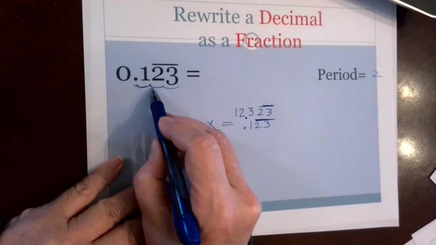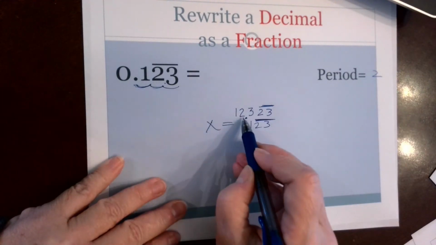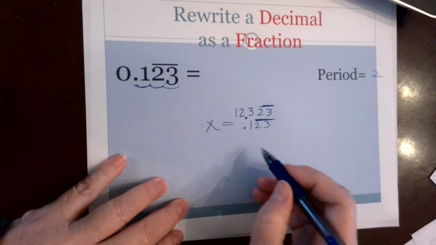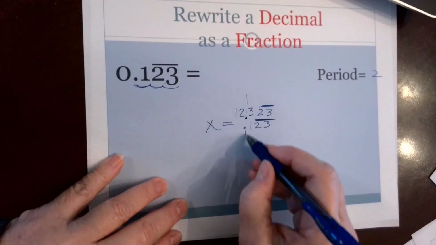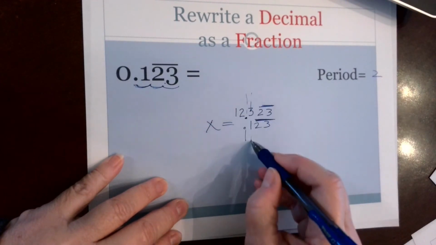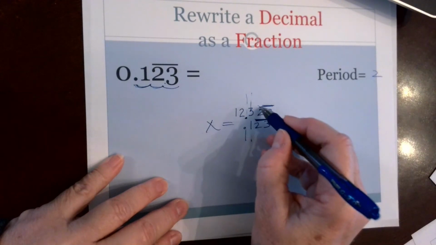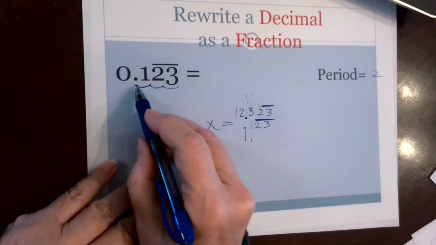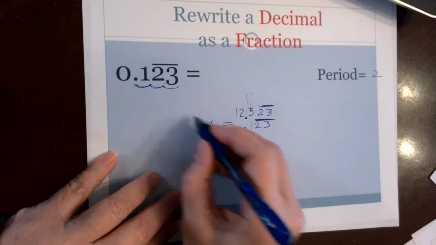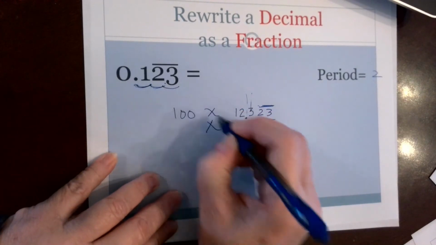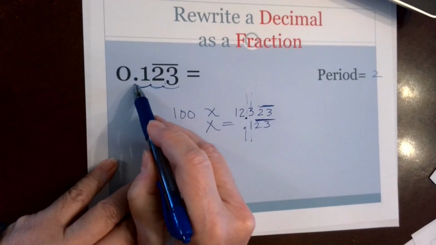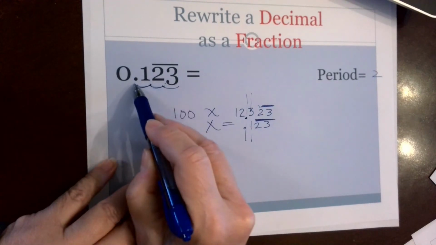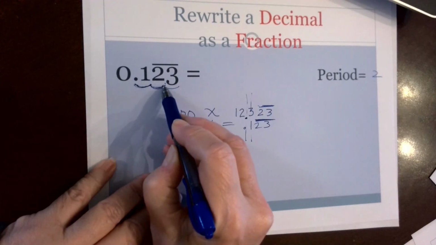I moved the decimal right here, 1, 2, period. And then when the decimals lined up and these lined up, then my repeating parts lined up. So I moved my decimal 2 spaces, that's times 100. Both sides times 100. 0.123 times 100 means move the decimal to there.